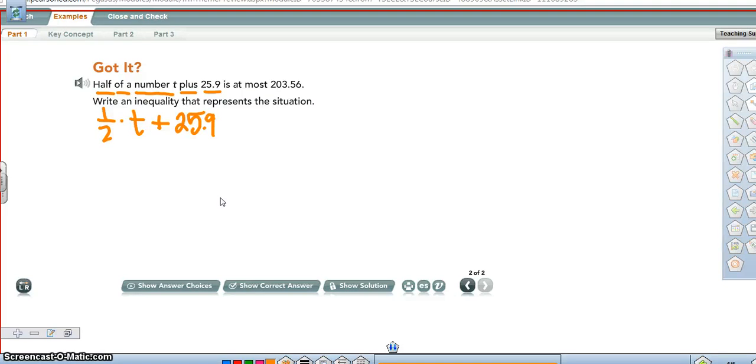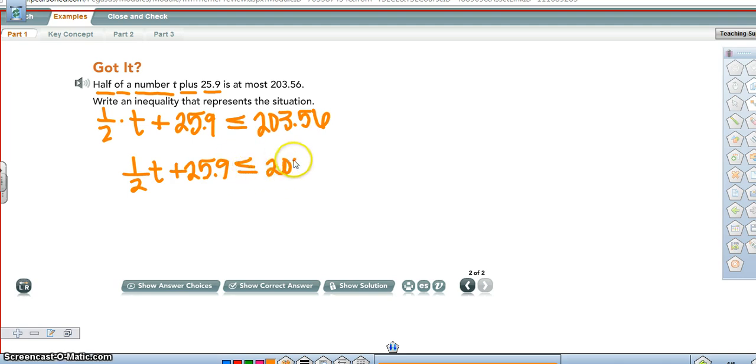And at most means that it can be equal to that amount. So it would be less than or equal to 203.56. So 1/2 t plus 25.9 is less than or equal to 203.56. This inequality is representing that sentence.